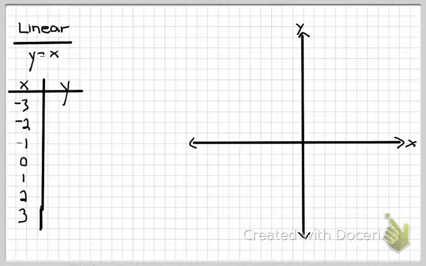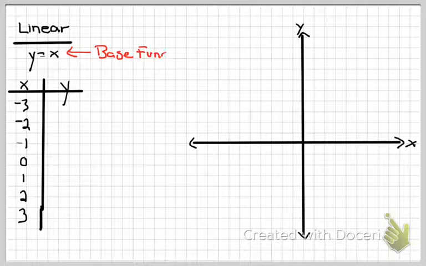The next function that we want to look at is our linear function. Again, we have y equals x, which is our base function. Linear functions should be something that we're very familiar with, but we will still review. When x is -3, y would be -3.